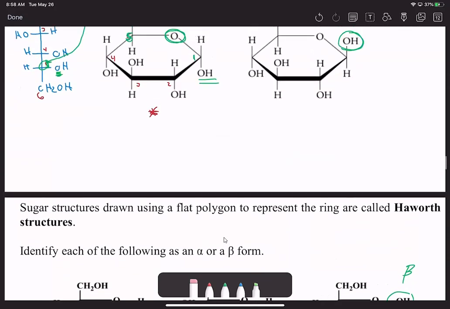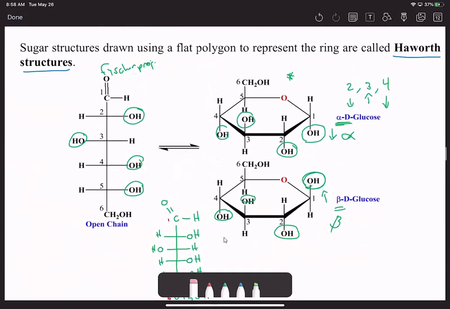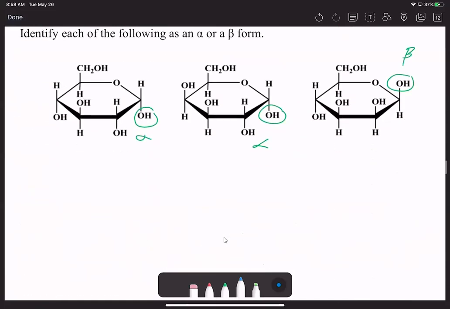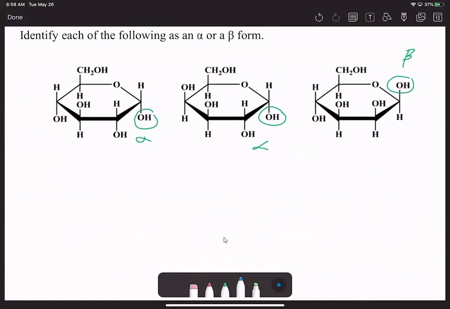And if we talk about what I just mentioned a few minutes ago, this pattern, carbons number 2, 3, and 4 that goes down, up, down, well, which one of these Haworth structures is glucose? Up, up, down. Yeah, that's not glucose.